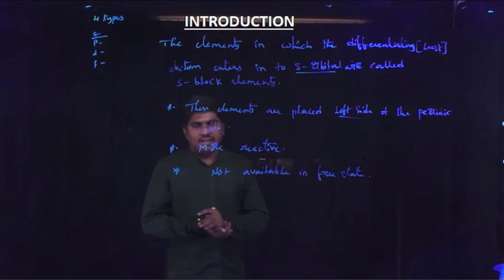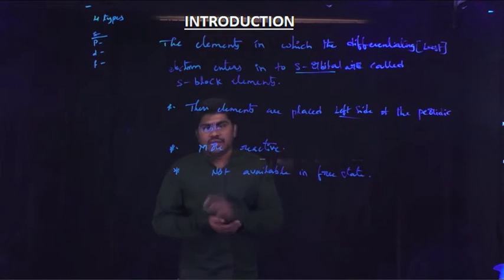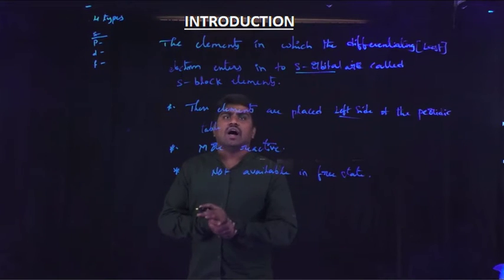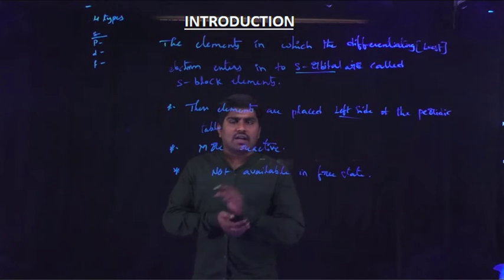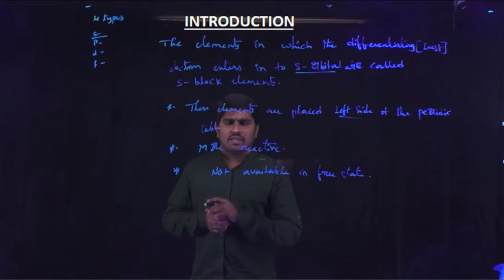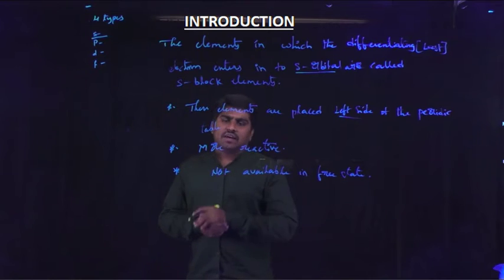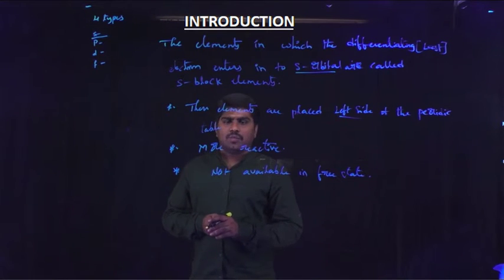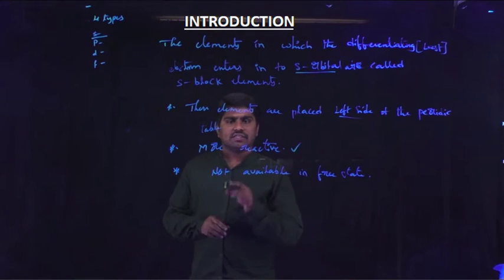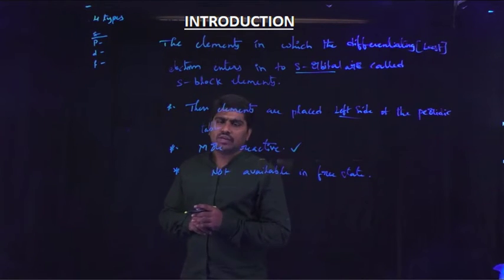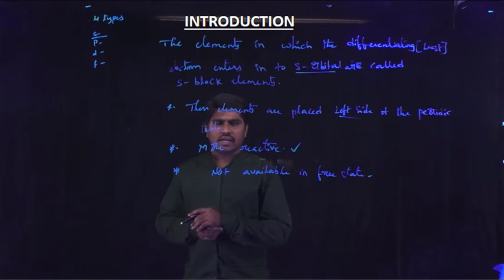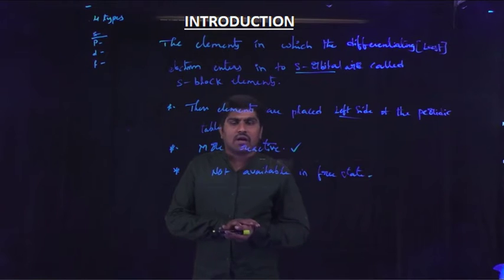They are available in their compound state. Again, I am repeating that the elements in which the differentiating electron enters into the s orbital are called S block elements.